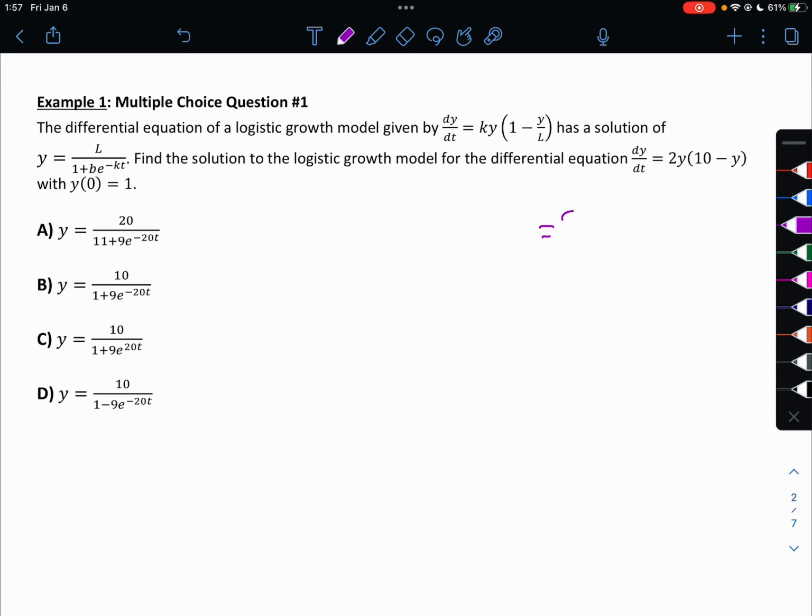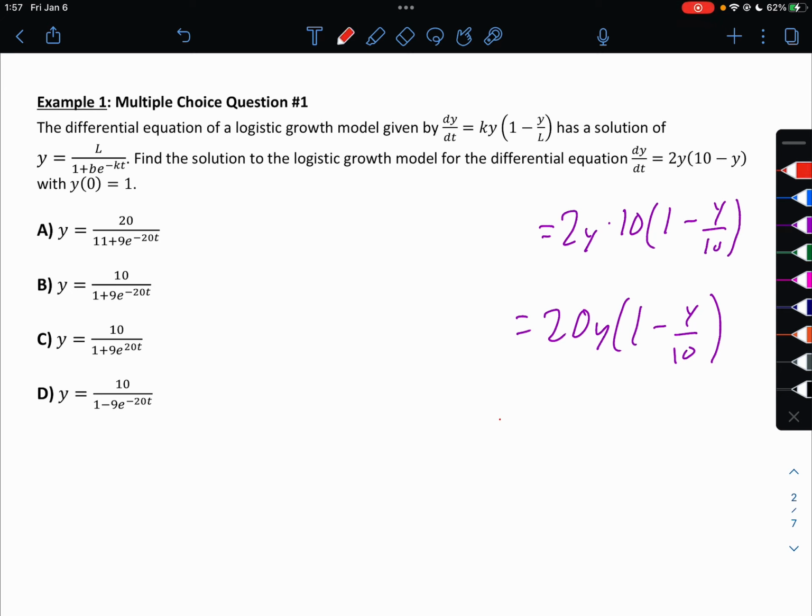It's going to be 2y times 10 times 1 minus y over 10, which would be 20y times 1 minus y over 10. Therefore, we can be confident that k is 20 and L is 10.